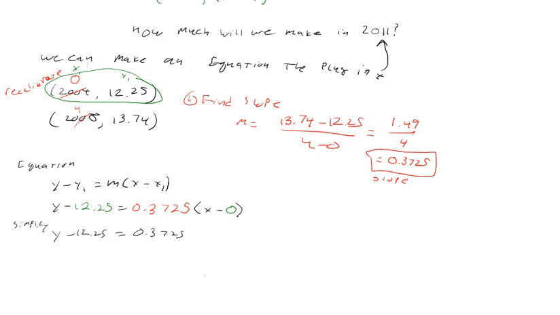And then I can add this 12.25 to the other side, 12.25 plus 12.25, and I get y equals 0.3725x plus 12.25. Don't cross it out there. And I have my equation right here, which is my model.